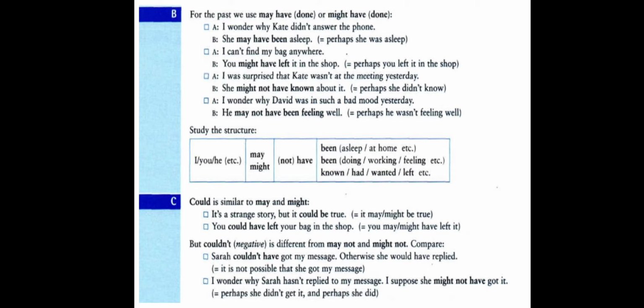But if we say, I wonder why Sarah hasn't replied to my message, I suppose she might not have got it, or she may not have got it. Here, perhaps she didn't get it, and perhaps she did. We have two possibilities here, not one possibility. In the first example we have only one possibility, that she did not get my message.